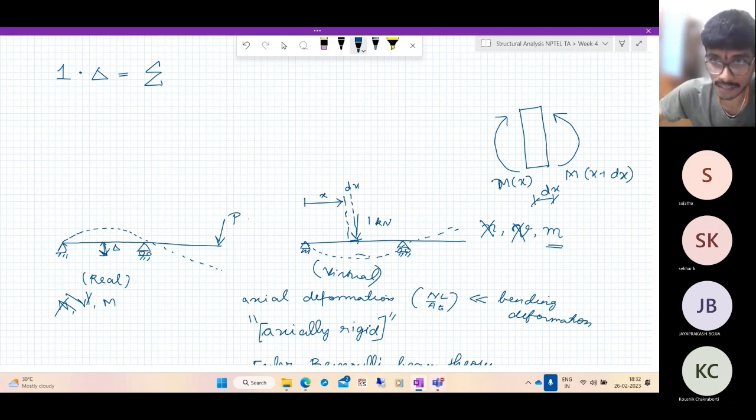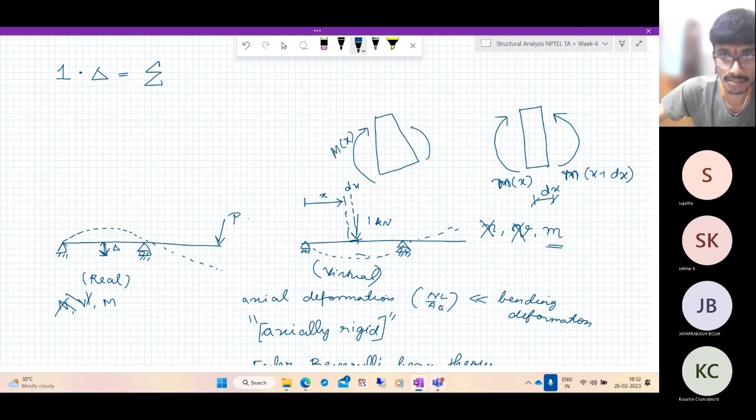This is small m because it is the virtual system. And in the real system, what do we have? It deforms under the real moment, capital M of x.